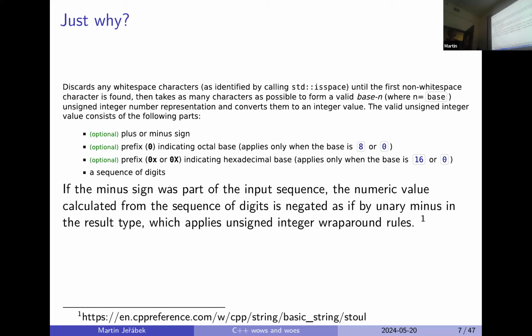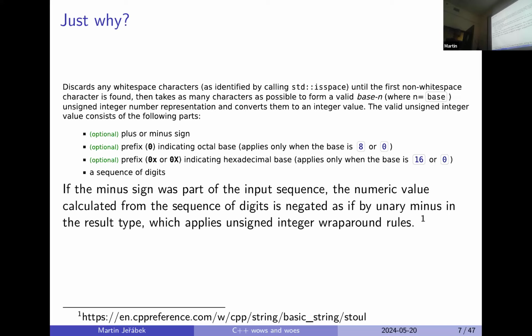It discards any white space characters until the first non-white space character is found. Okay, so it's in the description, and then takes as many characters as form a valid base n unsigned integer number, and the valid unsigned integer value consists of the following: a plus or minus sign for an unsigned integer.